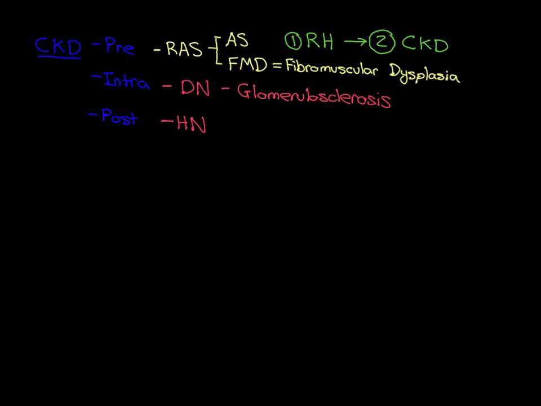membrane. Now, whereas focal segmental glomerulosclerosis could actually be quite an acute presentation, diabetic nephropathy or diabetic glomerulosclerosis is going to occur over a long period of time. So long-term hyperglycemia can lead to glomerulosclerosis occurring in the glomeruli all over your two kidneys.